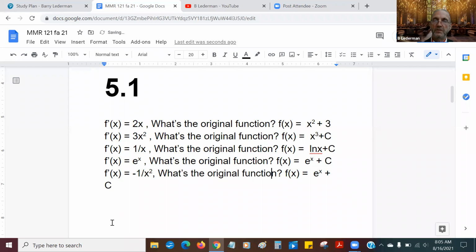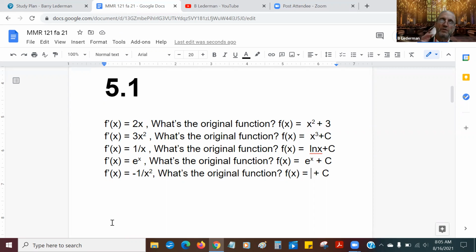What would the original function be? Anybody know what the answer would be? What function, if you differentiate it, do you get negative 1 over x squared?